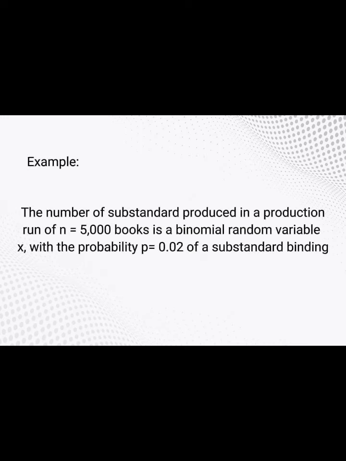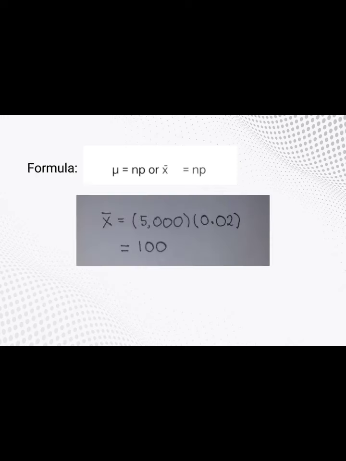Example, the number of substandard bindings produced in a production run of n equals 5,000 books is a binomial random variable x with the probability of p equals 0.02 of a substandard binding. To get the mean, use this formula. Then substitute all the values and you will get 100 as your mean.